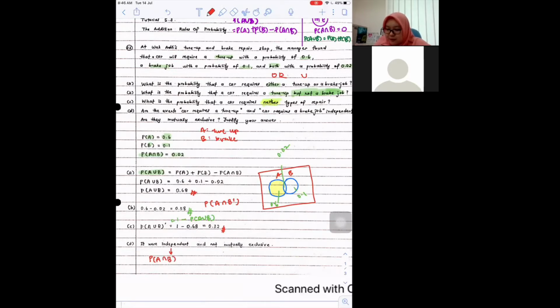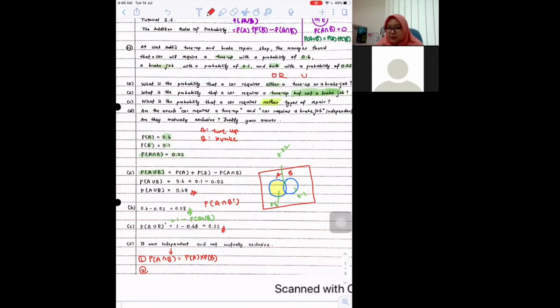You remember this formula? Okay. It's from this chapter. All right. This is the first method to check if it is independent or not.